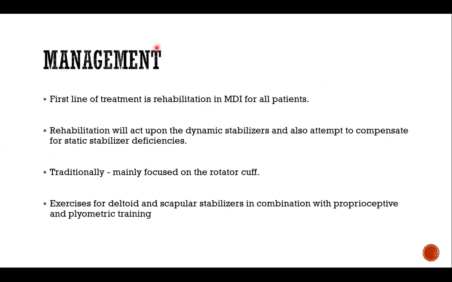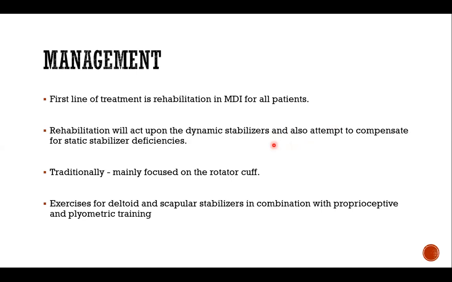Coming to the management, the first line of treatment is rehabilitation in all MDI patients. As discussed before, we have to strike a balance between the dynamic and static stabilizers, and the static stabilizers can't be affected much.